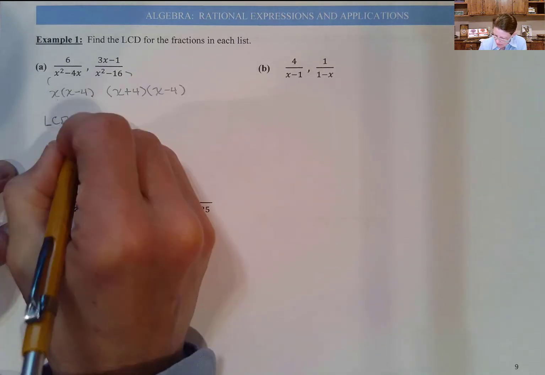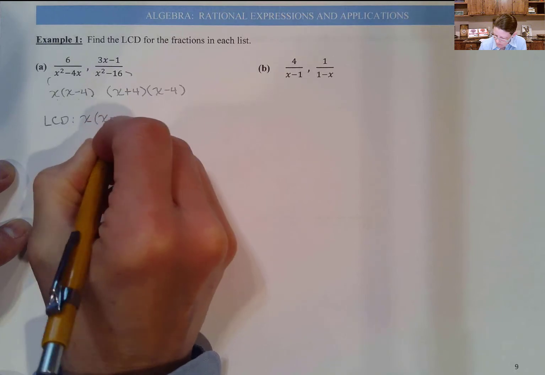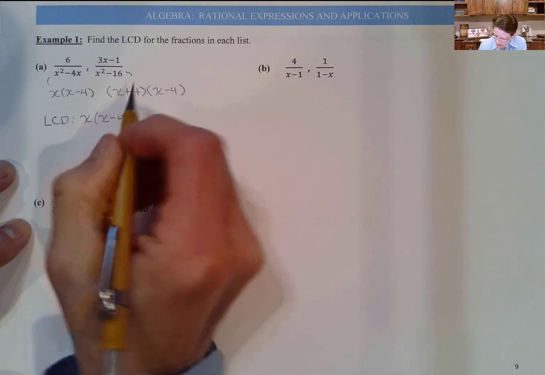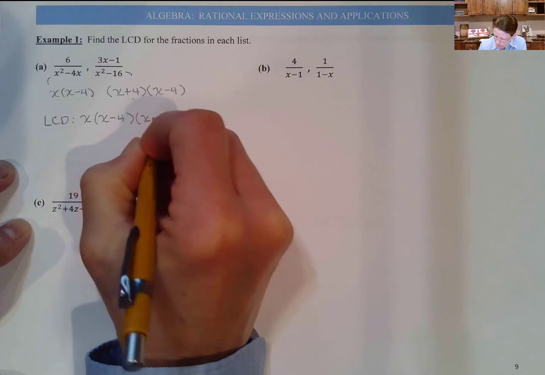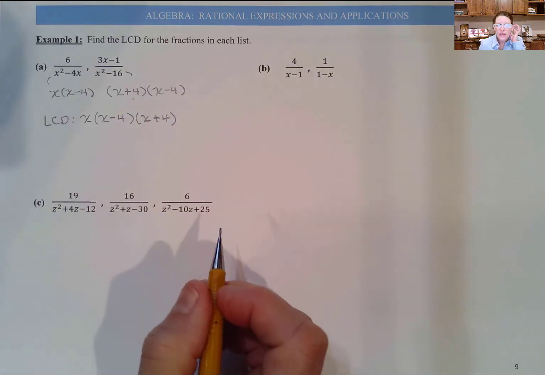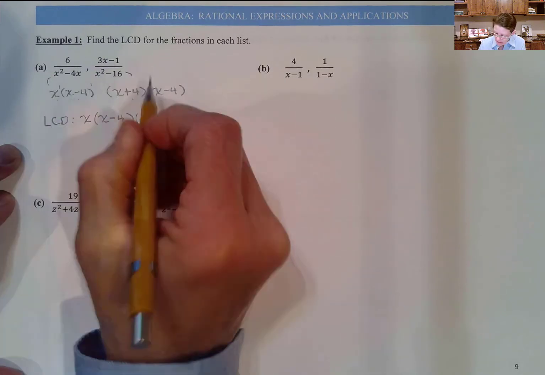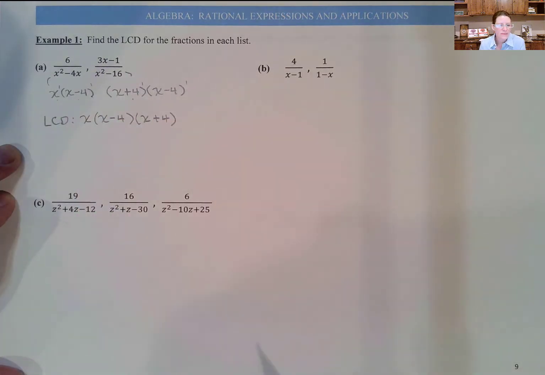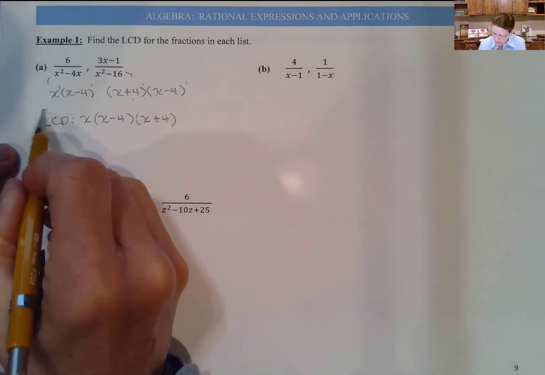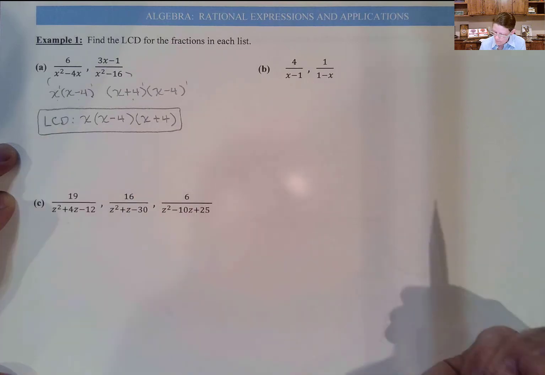We see a factor x, we see a factor x minus 4, and we see the factor x plus 4. And we include these the greatest number of times they occur in either of the denominators, and these factors only occur one time in each. So our LCD, x times x minus 4 times x plus 4.